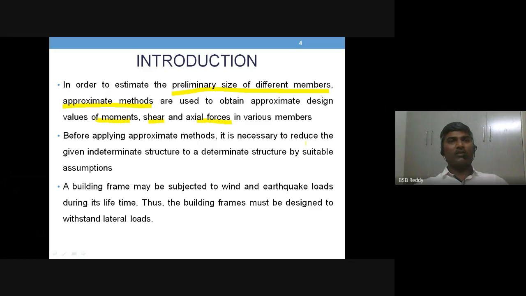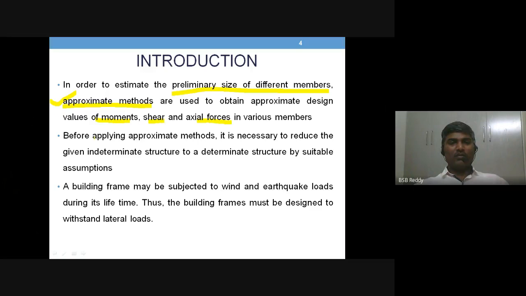If you are a project manager or working in a project office, you estimate the project, quote it, and go for tendering. Once it is approved, then you execute. Before all this, how do you quote your price? Just by estimating approximately, so you don't need exact analysis there. In those cases we go for approximate analysis.